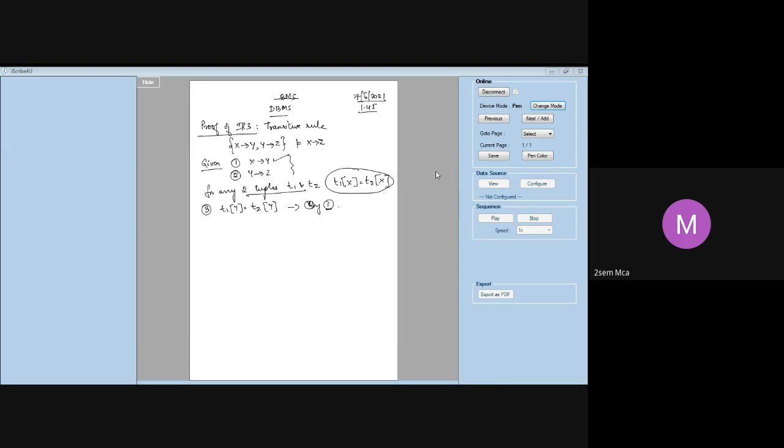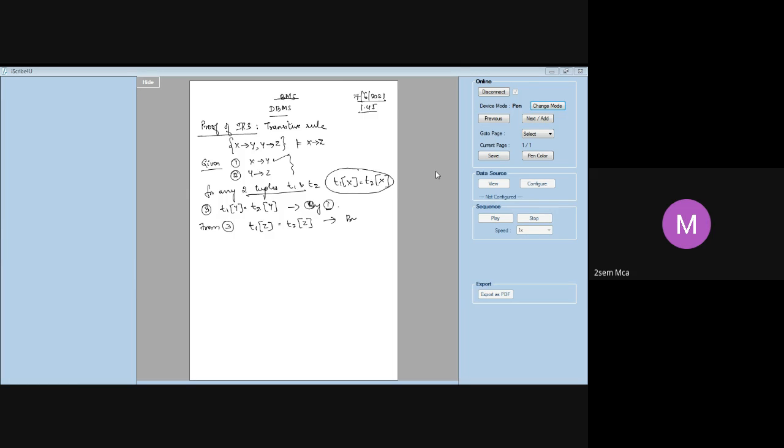Now, from our third point, what is our 3? T1 of Y is equal to T2 of Y. Since T1 of Y is equal to T2 of Y, we should also have T1 of Z equal to T2 of Z. Why?